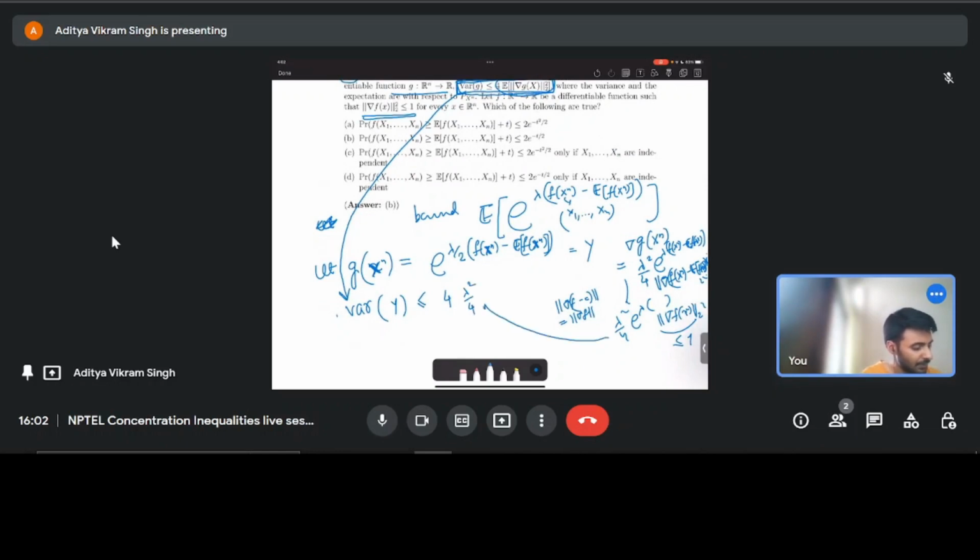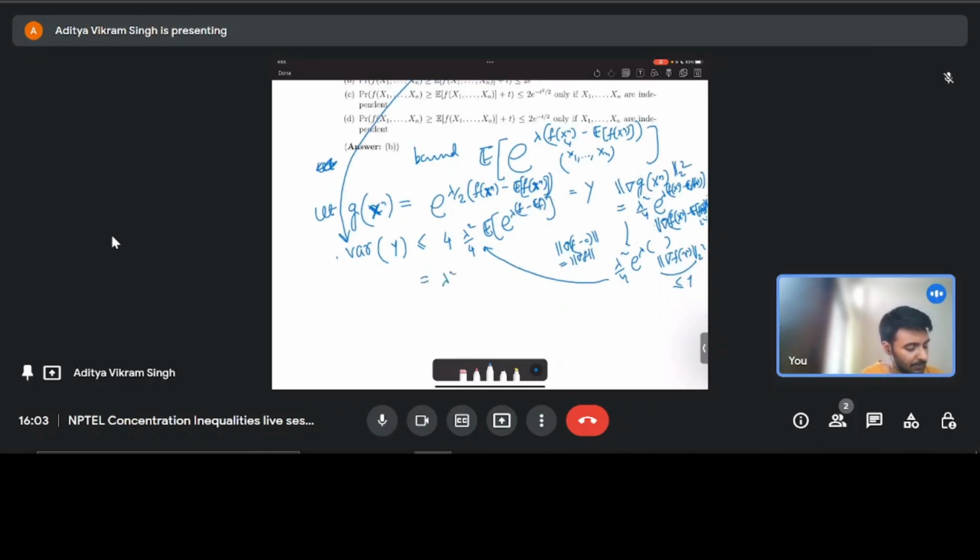This is coming from here, the expected value of e power lambda f minus expected value of f, ignoring x for now, which is lambda square by 4 into 4 into the expected value of y square.